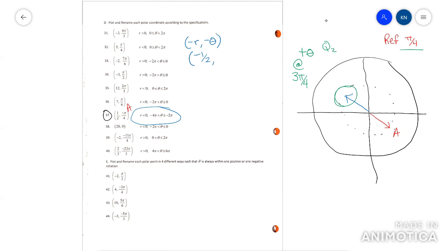Right here. But they want like an angle between negative 4 pi and negative 2 pi. So the way that you do this is you start subtracting full circle amounts, which is 2 pi. So you really need to be looking at it like this, minus 8 pi over 4.